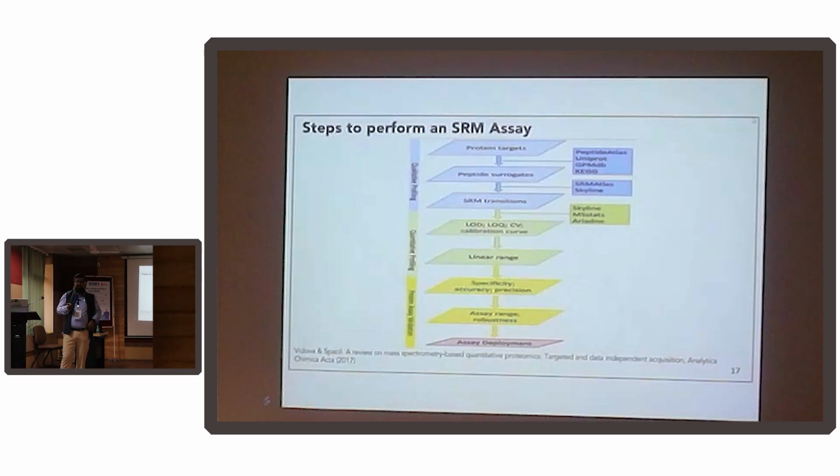Suppose you're trying to look at a pest, something that is zoonotic in origin, and you have a reservoir host and you have your patient. Now, can you detect in both? Can you take a bat blood and detect the peptide, or is it working only with human blood? So all these kinds of assays, because when you develop an assay, it has to be robust. It should work each time, every time, and it should work with precision.